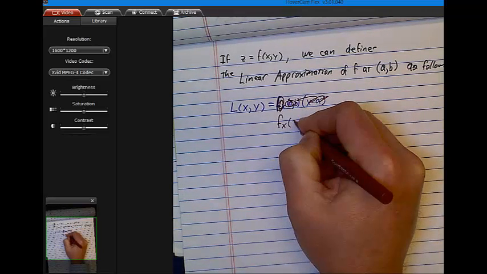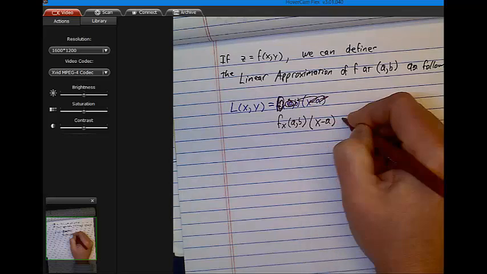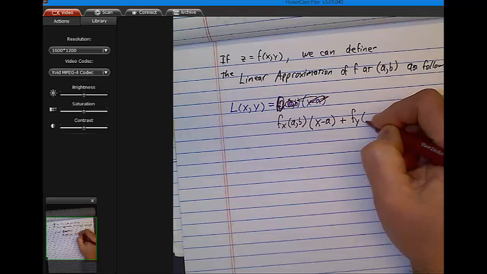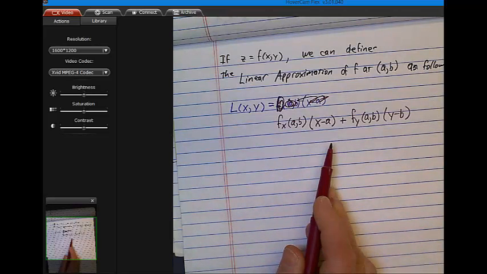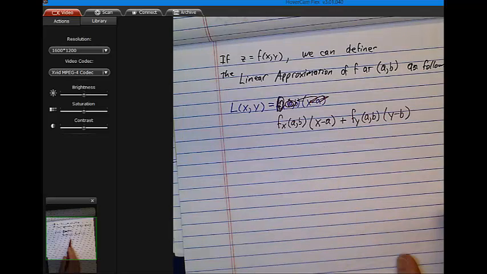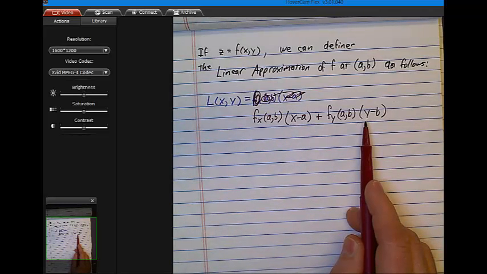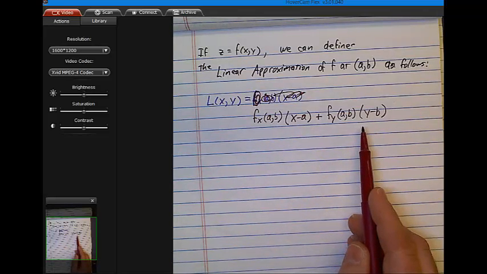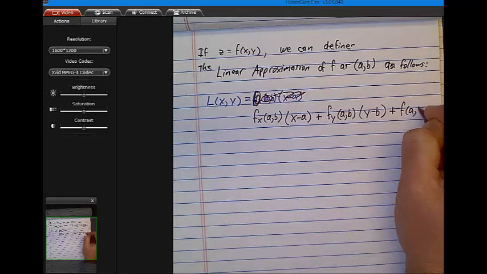Lowercase f of x, the x partial derivative, times x minus a, plus the y partial derivative evaluated at AB times y minus b, right? So right now you see that you could plug in anything you want for x and anything you want for y. What happens if you plug in AB? Well, then these go away. But if we plug in AB, we really want to be at f of AB, so we throw that there.